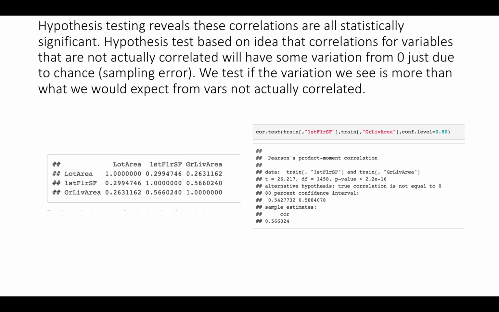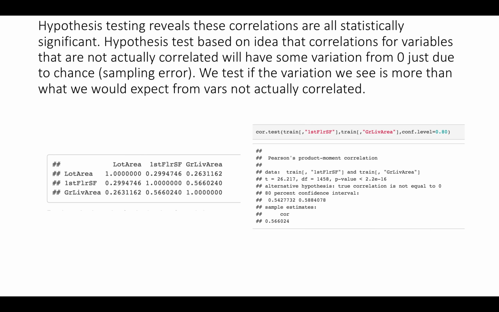So the idea is that if you had a population and you were taking a sample from that population of the two variables, even if they were actually not correlated at all, and the true population value is 0, if you take a sample just due to chance, it could make it be where it's not exactly 0.